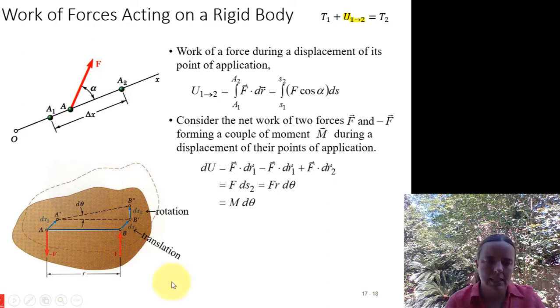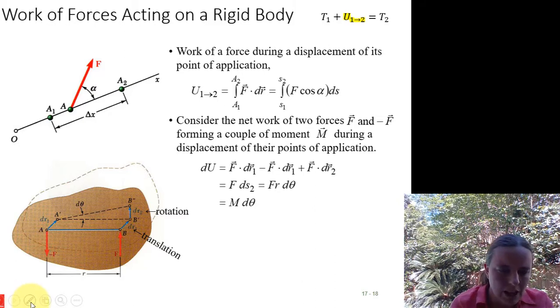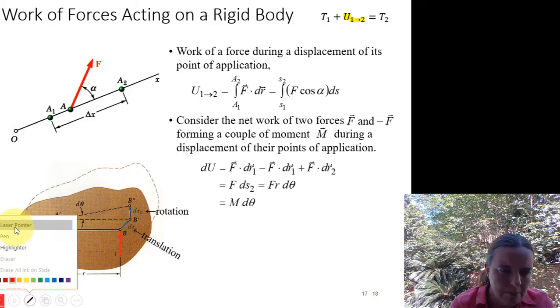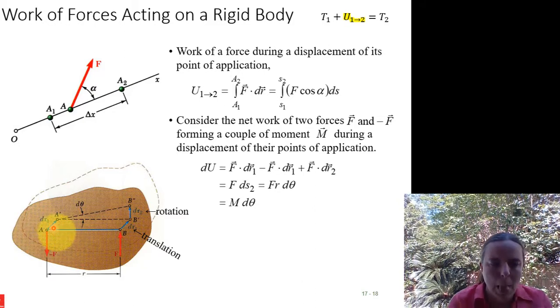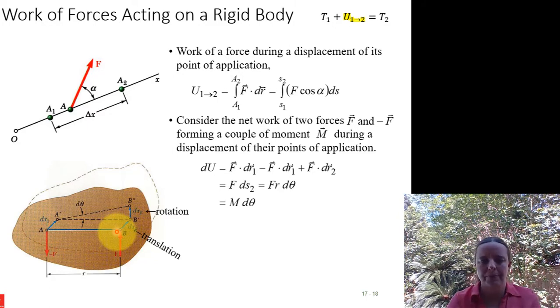If you look at this diagram down here, you'll see some interesting things that fall out of this. Let me just grab my laser pointer. Okay, so as it's going forward, that's dr1, this first displacement. So that's the displacement of the thing just moving straight forward. And one of them is moving maybe to the left and the other one is moving to the right.